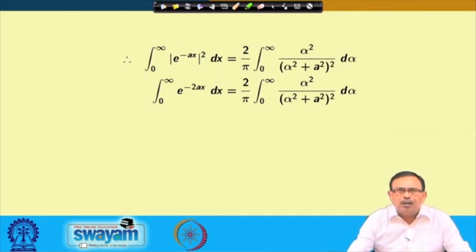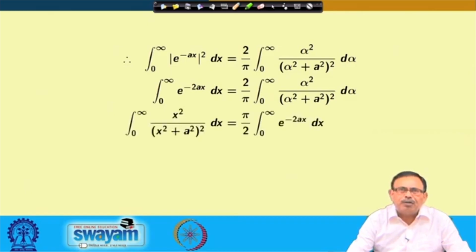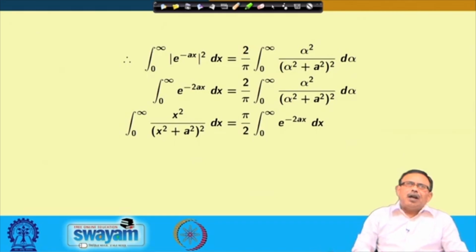Now, in the integral on the right hand side, the parameter alpha may be replaced by x, because any parameter I can use. So, the integral I can rewrite as 0 to infinity x square by x square plus a square whole square dx, and this equals pi by 2, which goes to the other side.